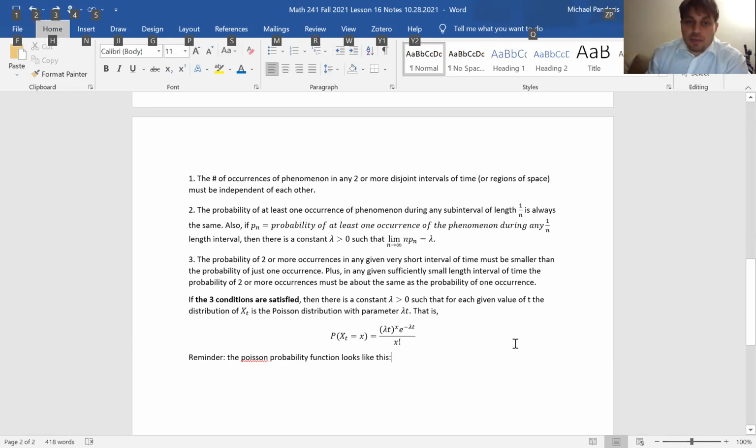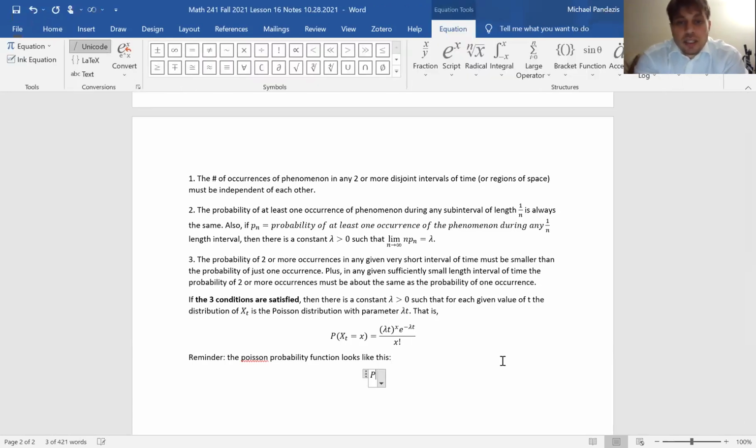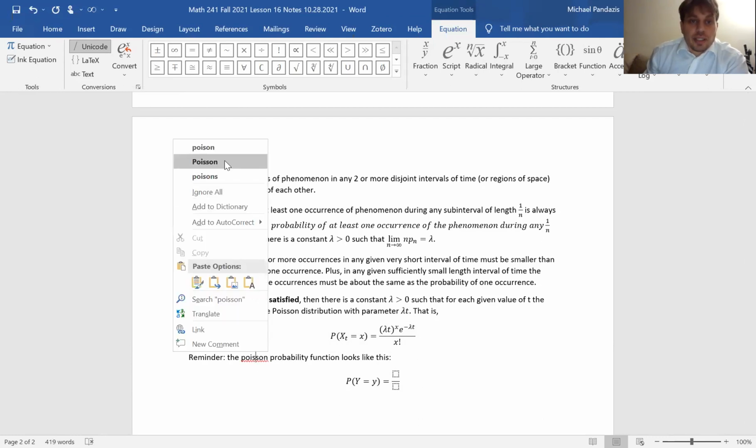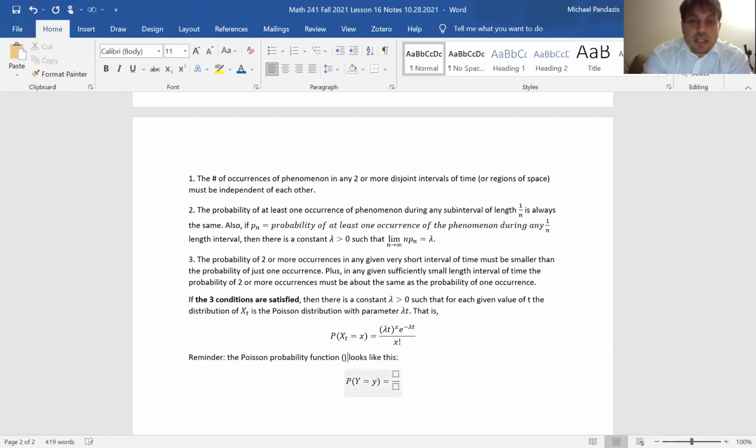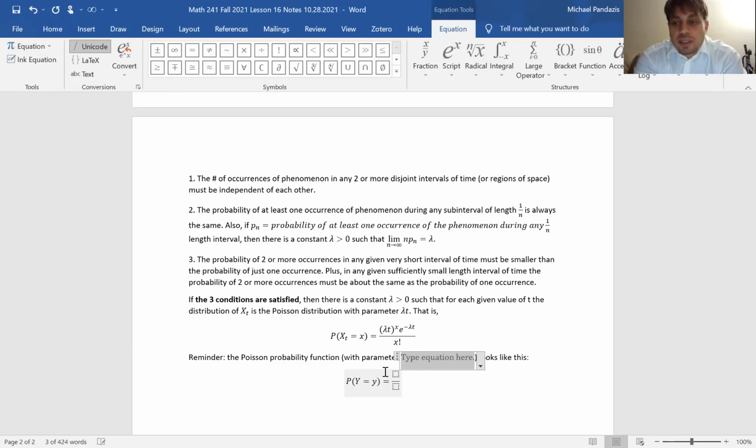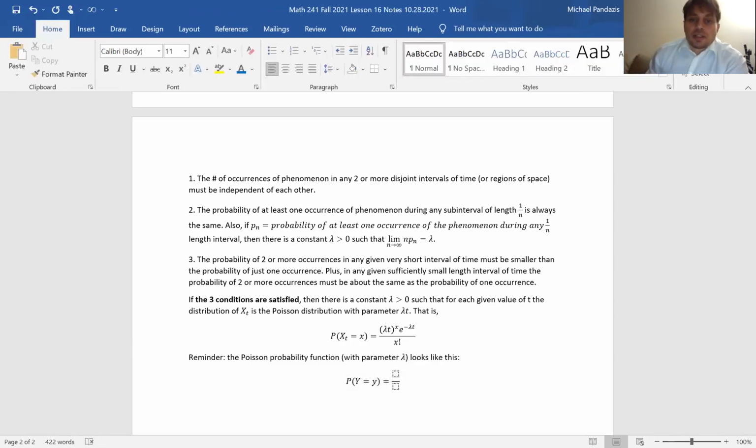It says that the probability of a random variable, I'm going to call it y, that way it looks different than the x I just used above. It's just another letter. There's no difference. The Poisson probability function with parameter lambda looks like this.